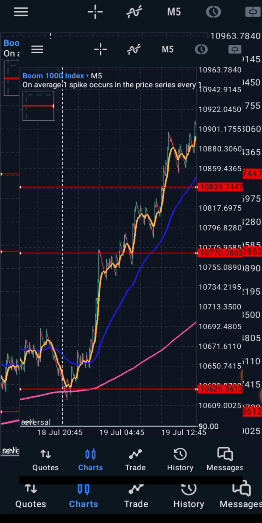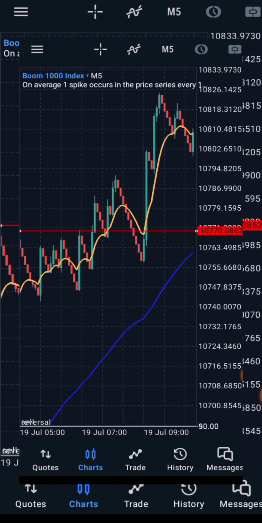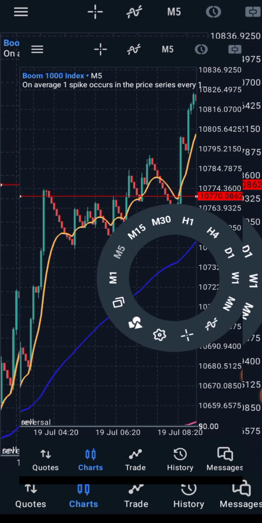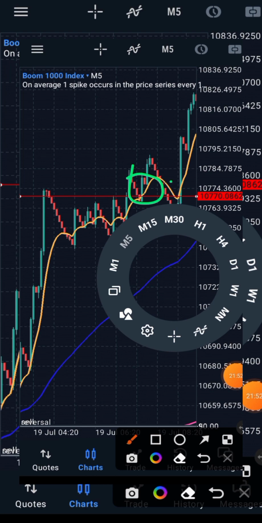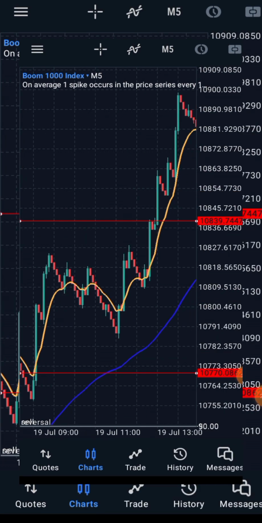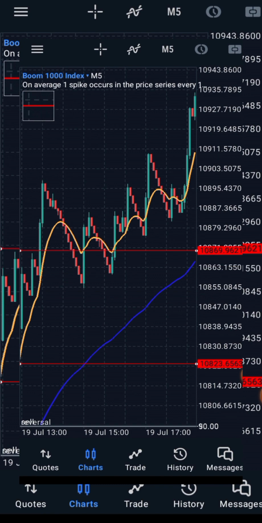Let's see this. See, the market broke above it and came back. Just have to see a reaction there. Just have to see a reaction. Wait for a break. Just keep on marking your levels.